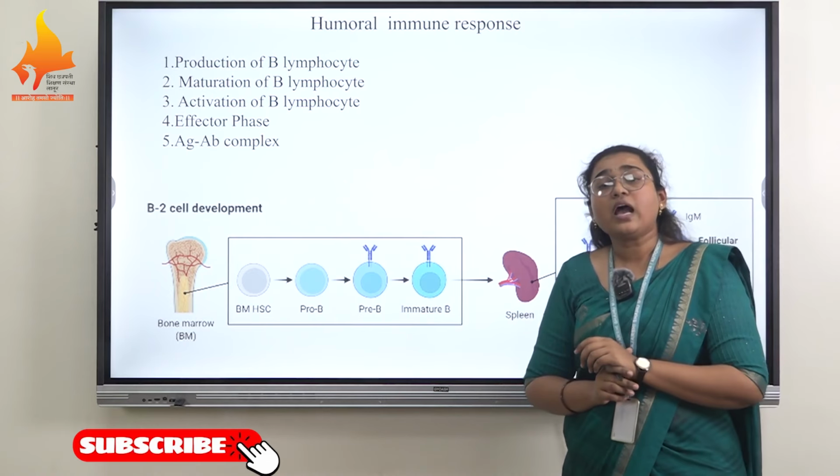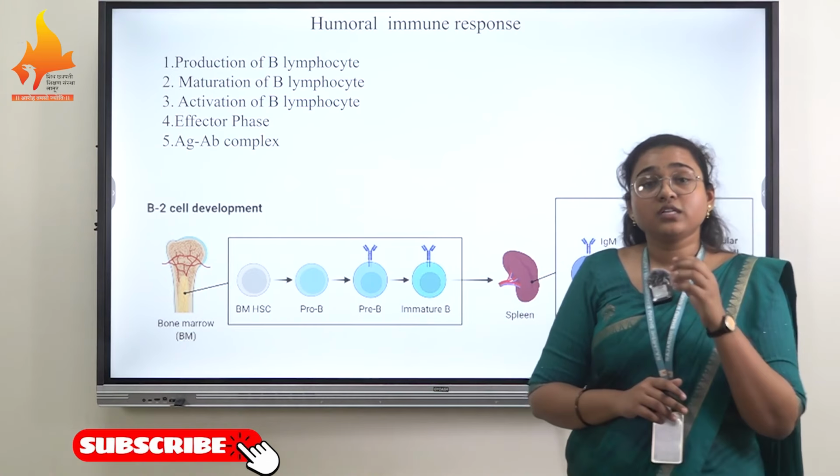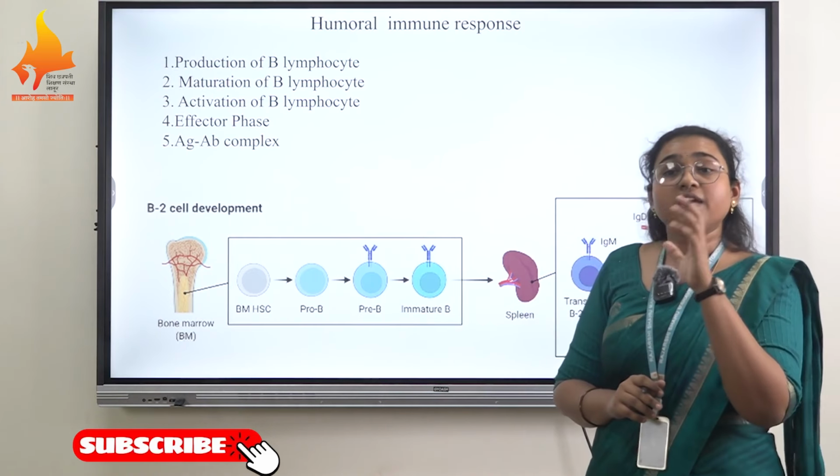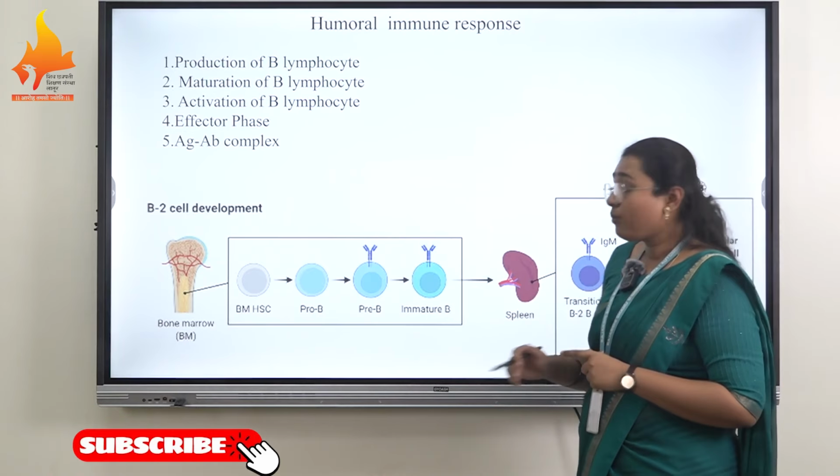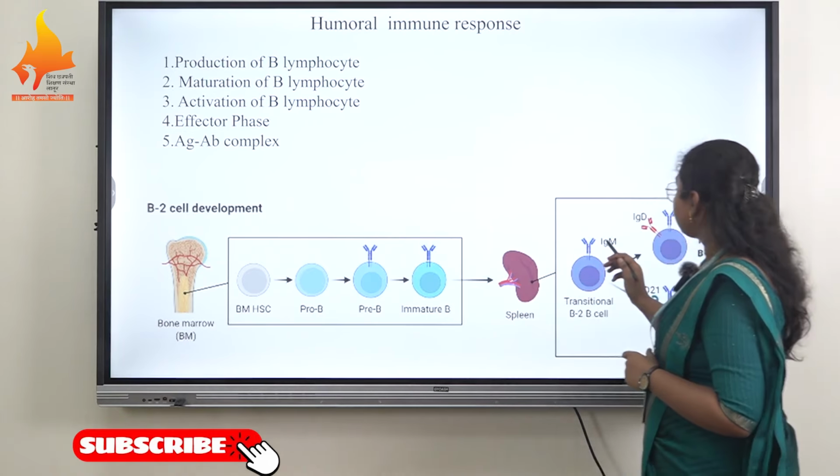These immunoglobulins are named depending upon the constituent of their heavy chain, so we can discuss it later. Upon maturation, the cell also carries IgD, so a mature B cell has both IgM and IgD on its surface.